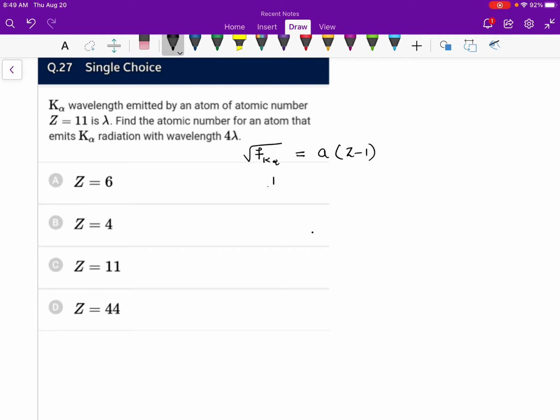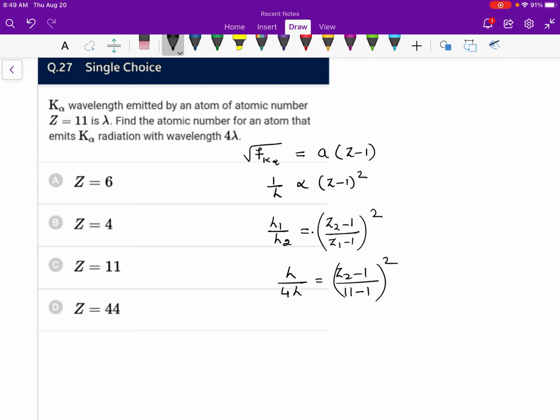So we can say that 1 upon lambda is proportional to (z minus 1) square. So lambda 1 upon lambda 2 is (z2 minus 1 upon z1 minus 1) square. Now lambda 1 is lambda and lambda 2 is 4 lambda, z2 is to be found out, and z1 is 11, minus 1 whole square.